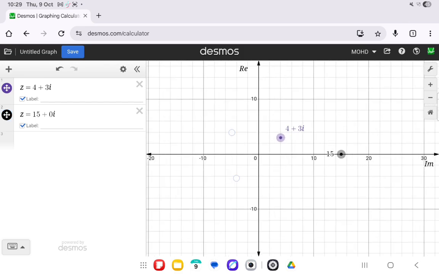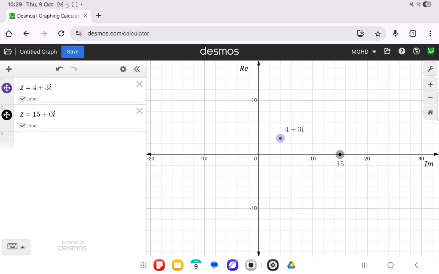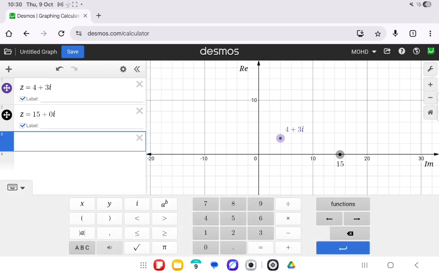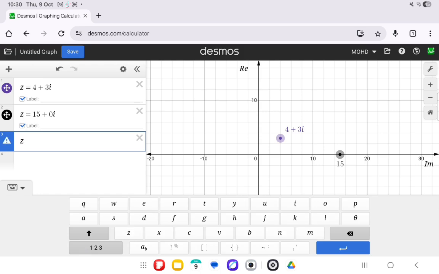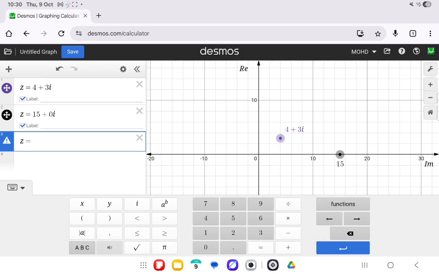Let's zoom in a bit so that we have it. That is where the plot of A is. Next, let's do B. B is negative 7j, so we have z equal to negative 7i.